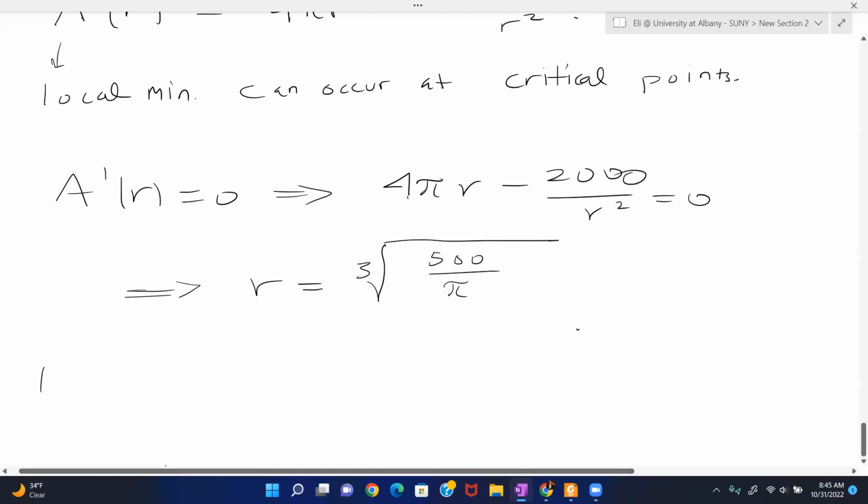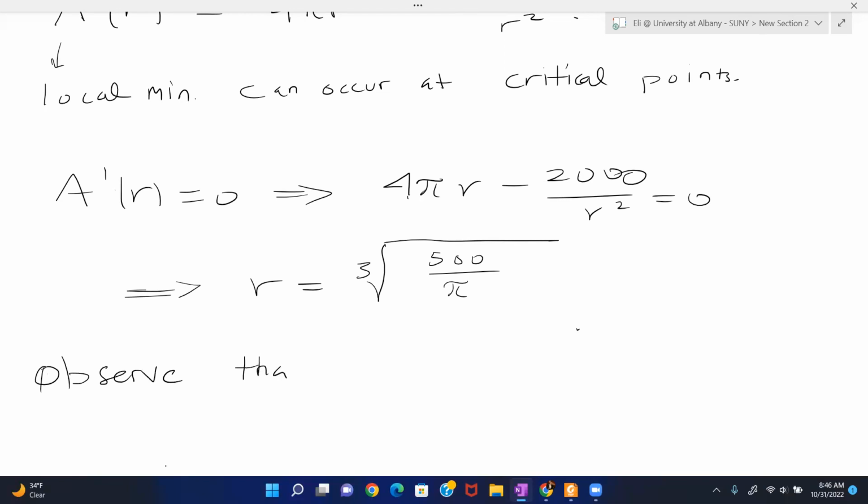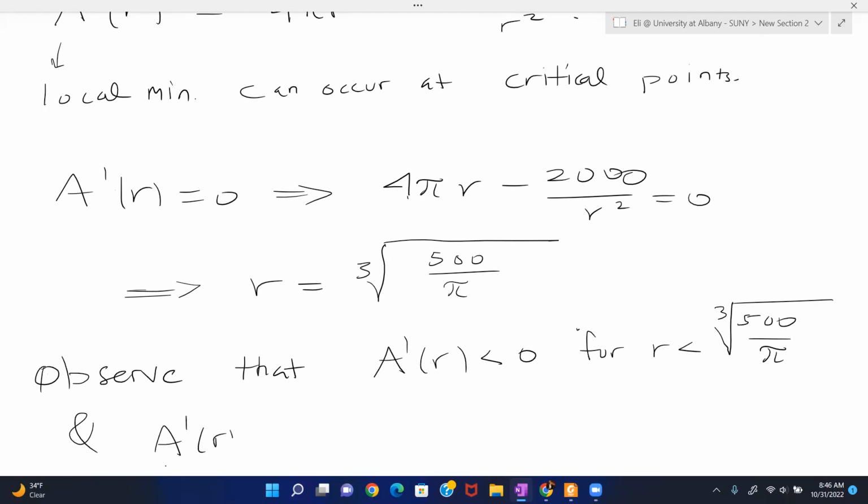All right, so I guess what you can just do is observe that A prime of r is negative for r less than the critical point, and A prime of r is positive for r greater than the critical point.